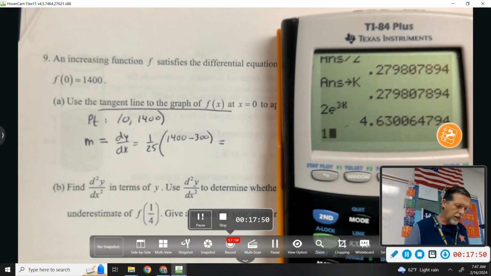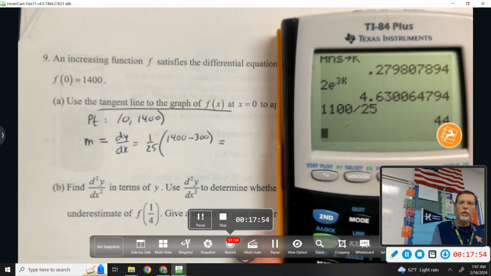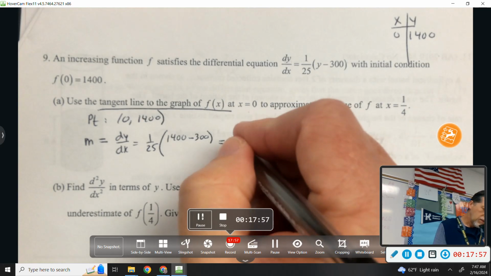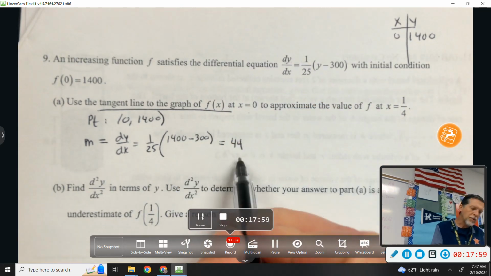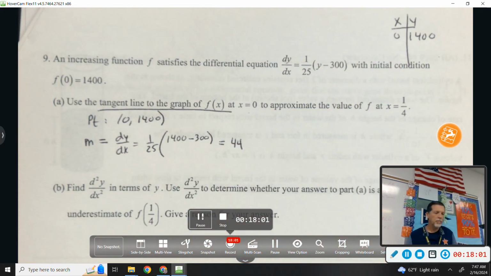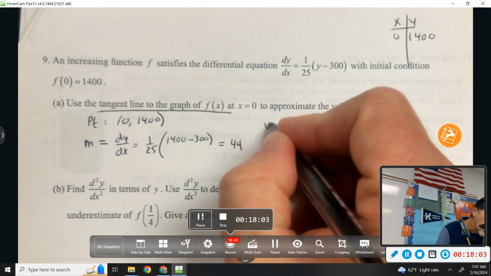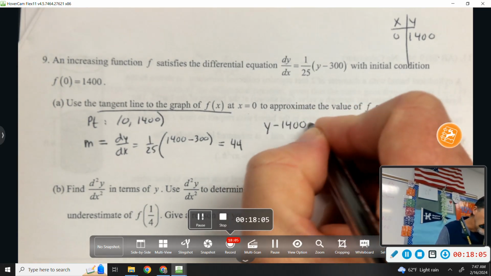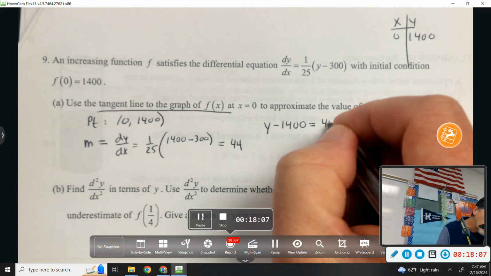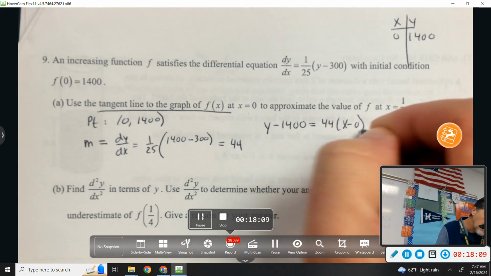So 1100 divided by 25 is 44. So my slope, at least at that point, is 44. So y minus 1400 equals 44 times x minus 0.